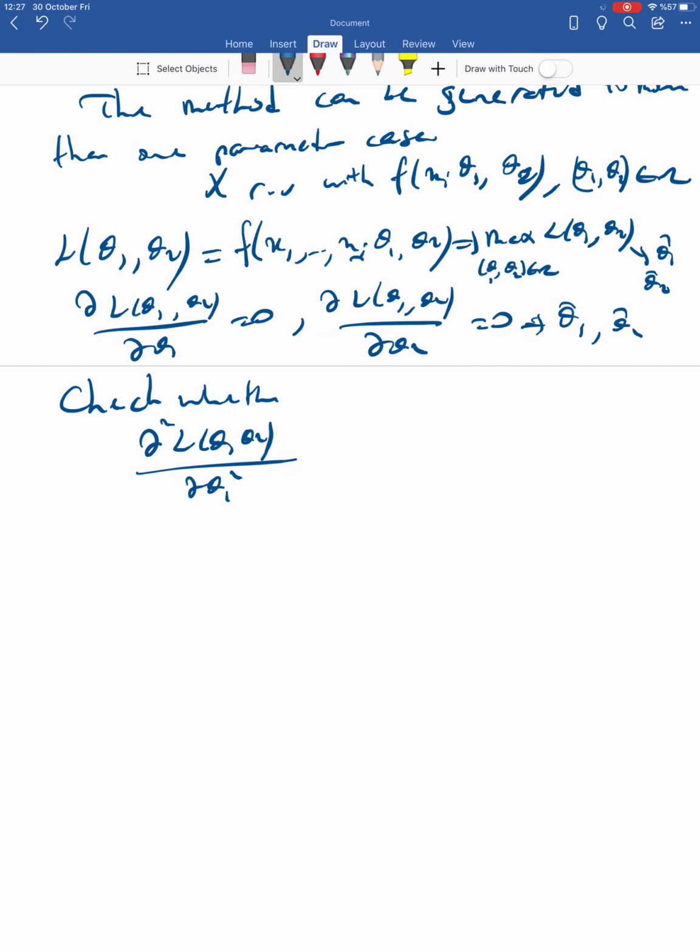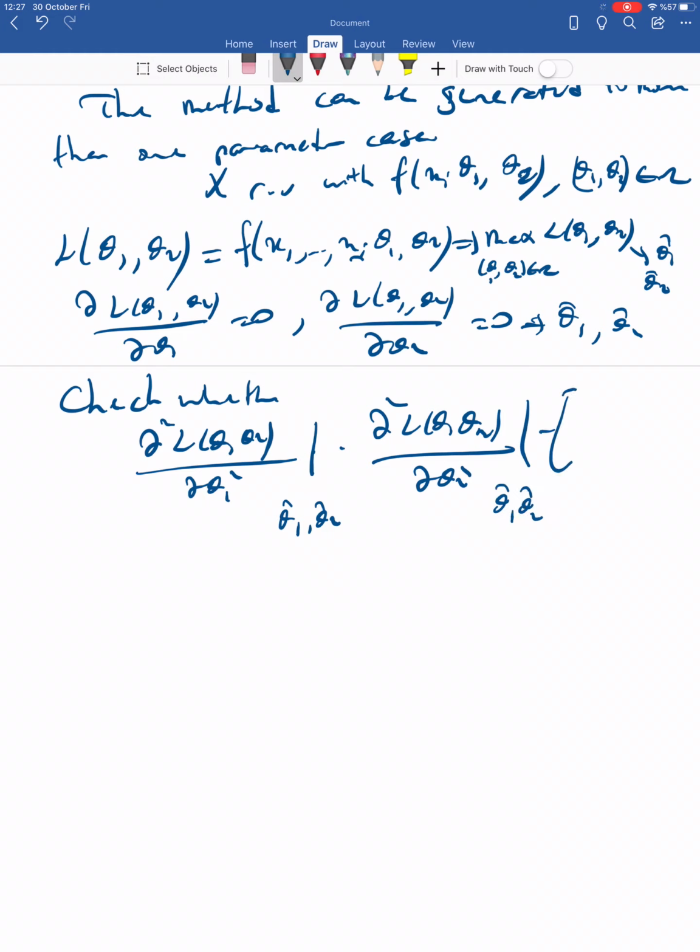So the second derivative with respect to theta 1 squared, with theta 1 hat and theta 2 hat replaced, multiply this by the second derivative with respect to theta 2 squared, again with theta 1 hat and theta 2 hat replaced, minus the square of the mixed partial derivative.